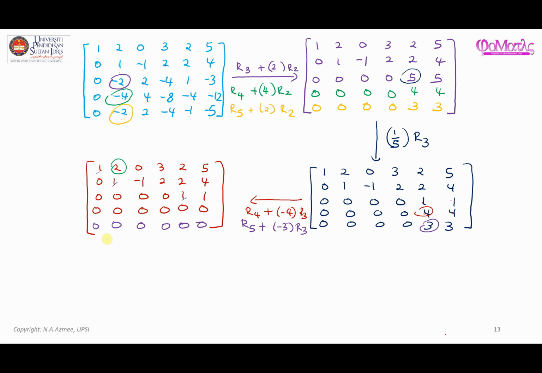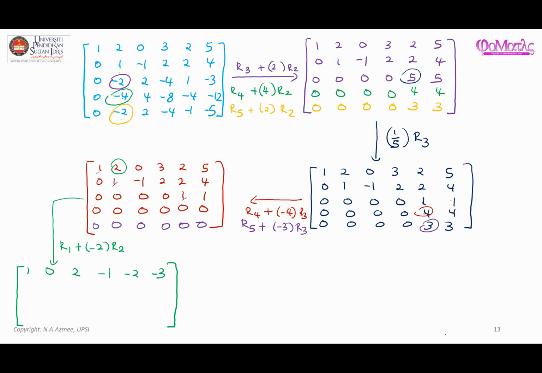So to turn this to 0, I have to consider R1 plus -2 R2, and the result here is going to be 1 plus 0 is 1, 2 minus 2 is 0, 0 plus 2 is 2, 3 minus 2, so here is, sorry, 3 minus 4 is -1, 2 minus 4 is -2, 5 minus 8 is -3.